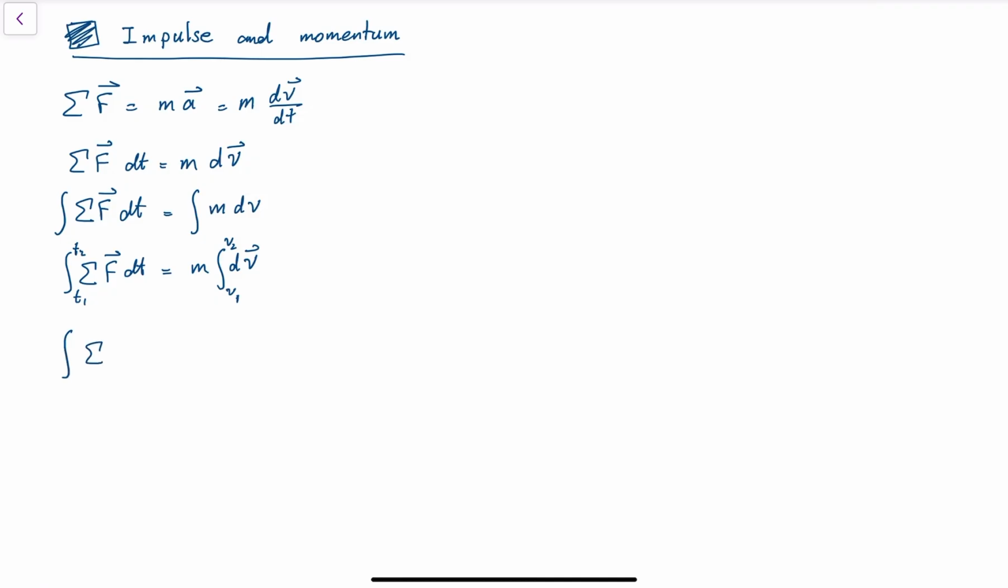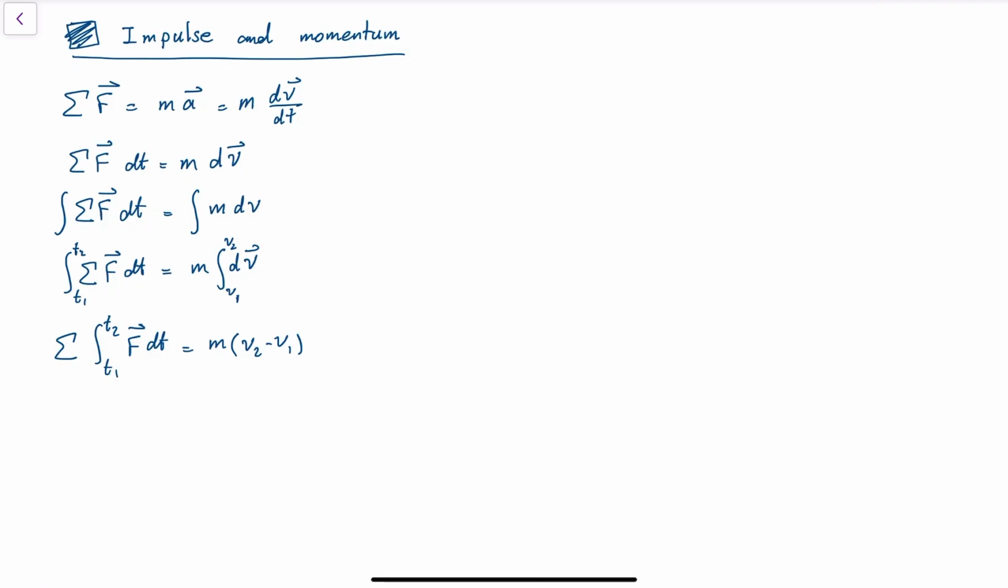This becomes sum of forces. Integral of a sum of terms is equal to the sum of integral of individual terms. So I bring the summation out. Integral t1 to t2 of sum F dt equals m, and on this side I have v2 minus v1.